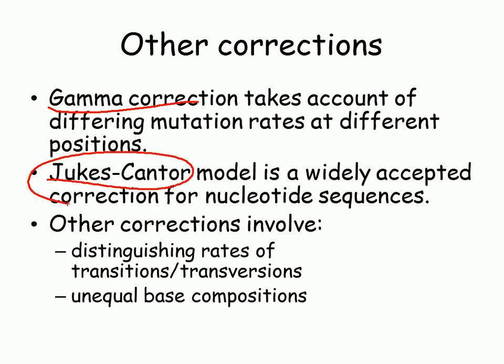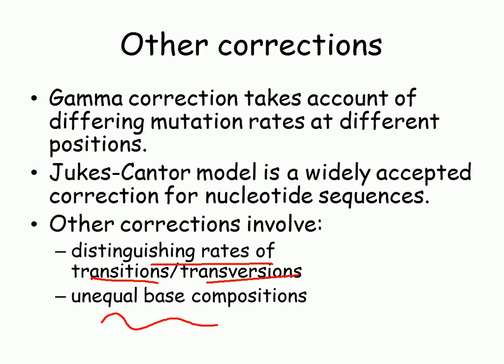Jukes-Cantor is a more widely used one, and it explicitly models the fraction of nucleotide conversions. And some of the other corrections involve distinguishing rates of transitions and transversions, because they happen at different rates, and also unequal base compositions. If you have more A's, then they are more likely to appear to be identical. Okay, so you try to account for things like that.